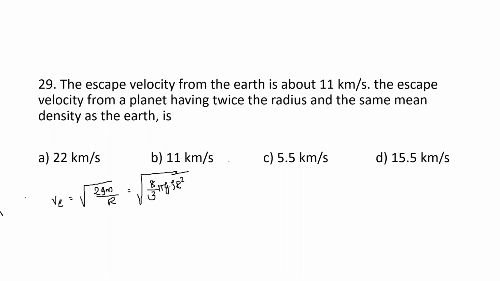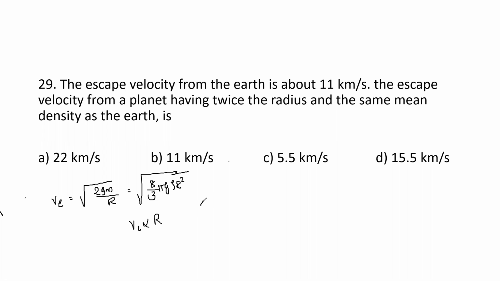So this is the escape velocity, with the formula written in terms of density. As we can see here, the escape velocity is directly proportional to the radius, and they have specified that the radius is becoming twice.